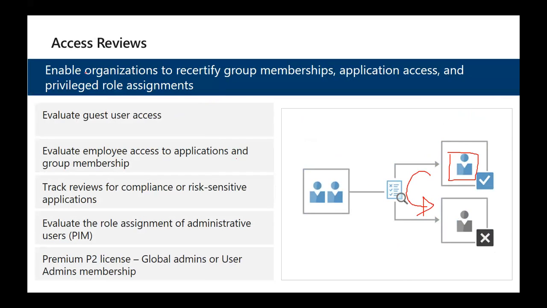So again, all this we can manage automatically with the use of access review. This is going to enable our company to verify the group membership, application access, the assignment of a license, and the privilege roles.